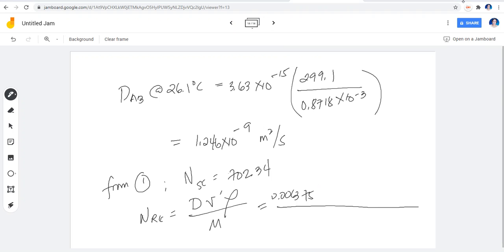Our velocity will be based on the volumetric flow rate of water to our packed bed, which is 5.514 times 10 raised to negative 7. If this volumetric flow rate is divided by the cross-sectional area of the tower, that will give us the velocity, or the superficial velocity.